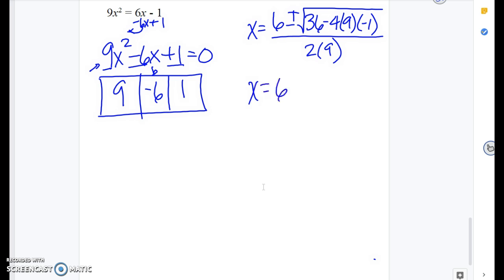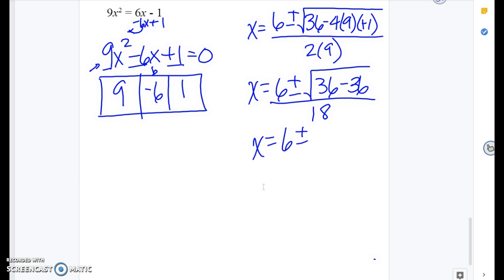So x equals 6 plus or minus the square root of 36. This should be a positive one, sorry. 36 minus 36, and that's 0. So x equals 6 plus or minus 0. That part just cancels out. Divided by 18. Only one solution.